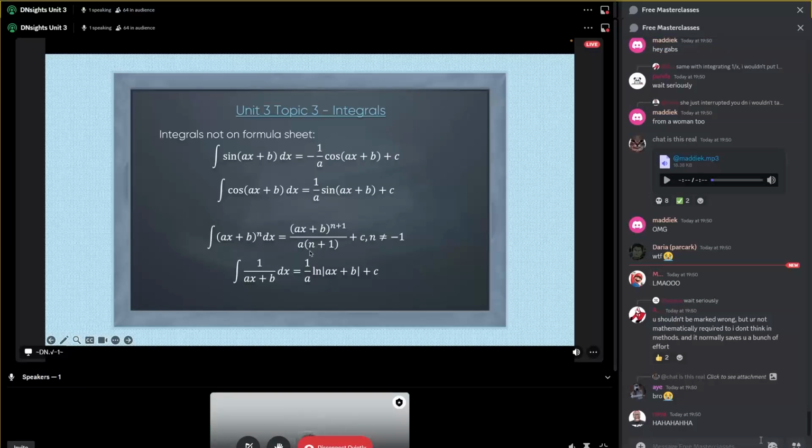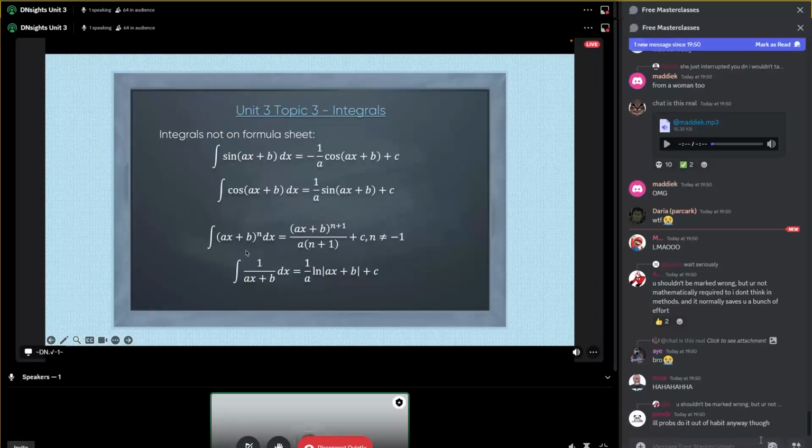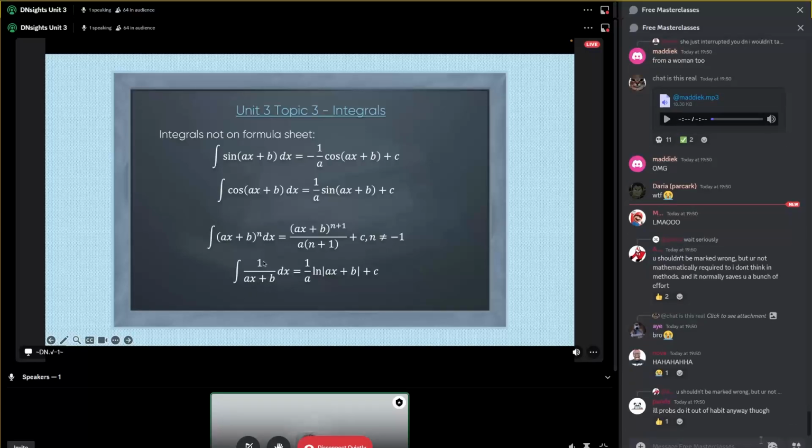For this one, obviously, we can't have n equals negative 1, because if we do negative 1, then we have 0 here. This does not exist. So if that happens, we have this form, which gives us the ln, because this is f prime x over f of x. If you look at it, if this is f of x, then f prime x is a, but I have 1, so I must divide by a in my answer.